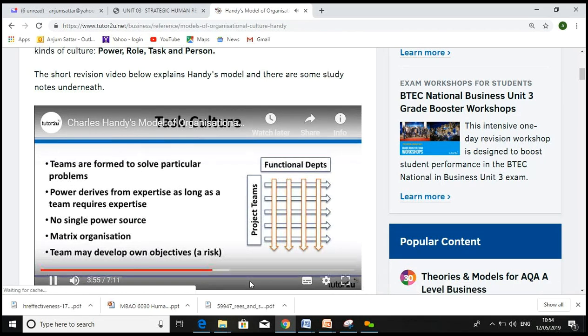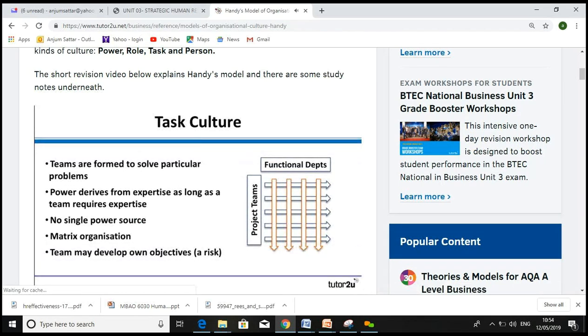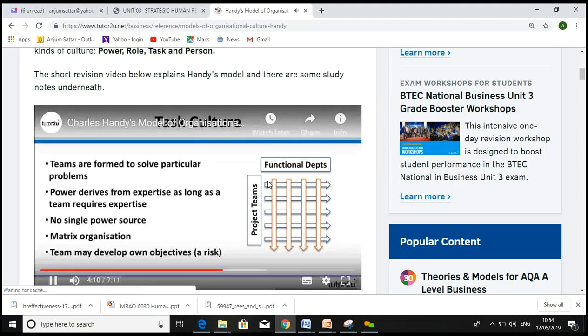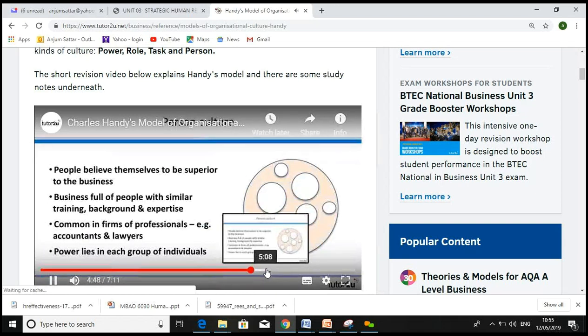Then there is the task culture, where teams are formed to solve a particular problem, and power is driven from expertise. That is like a matrix organization structure, where the different projects, A, B, C, D, and the functional areas stay the same, but the teams carry on and the projects keep changing their roles.